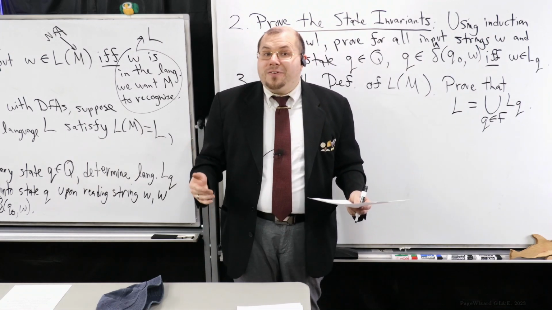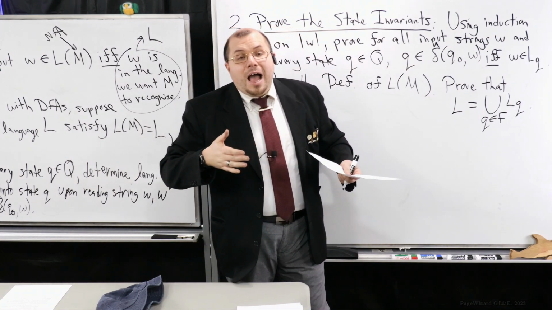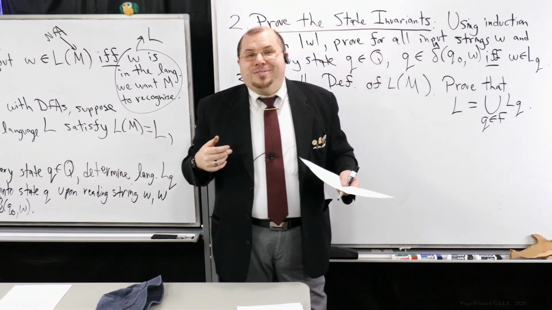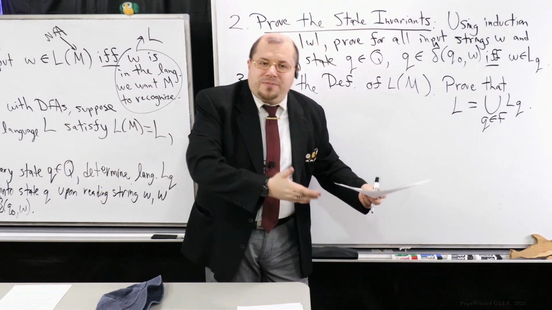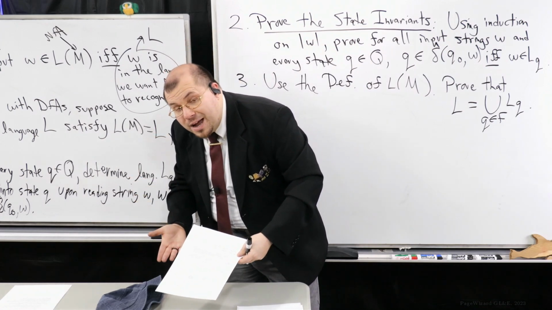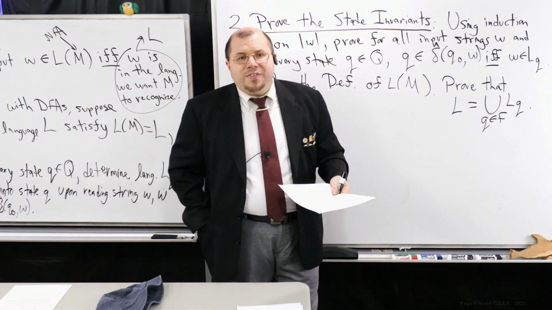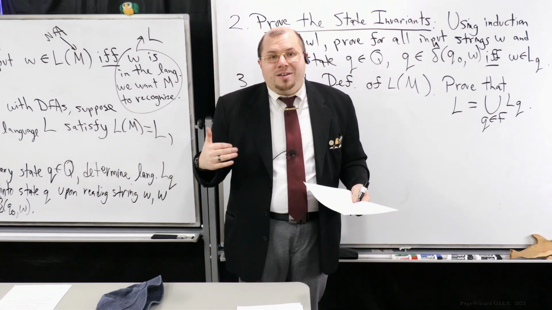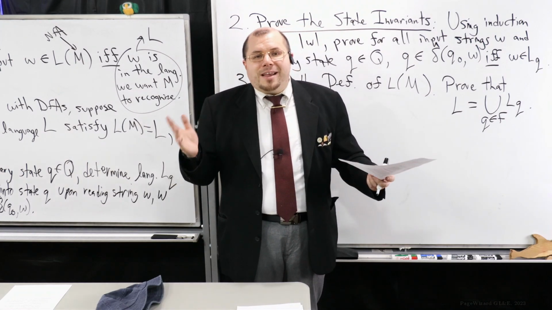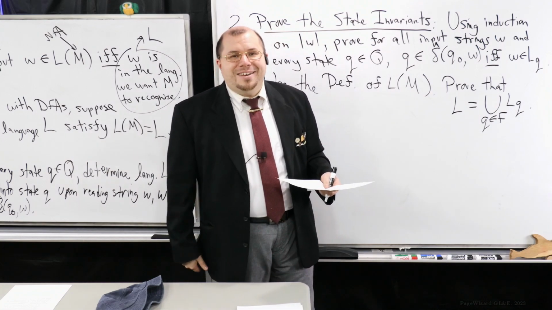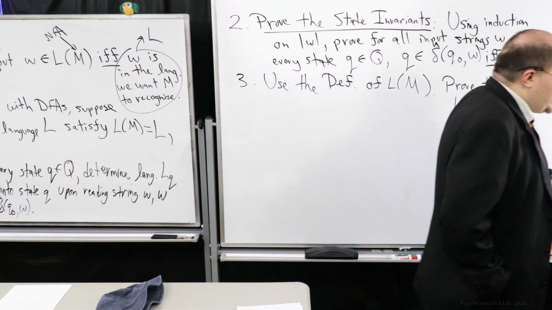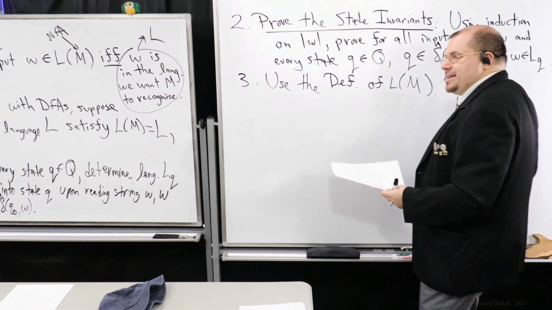However, here, if I go to some state, I may have gotten there through several other means. So that's what's going to make the proof of correctness with an NFA quite a bit different sometimes than with a DFA. In a DFA, it's quite natural to exhaust all possibilities. But with an NFA, it may sometimes be a little tricky to do that. So you have to be very careful when you're arguing claims about the state invariants.